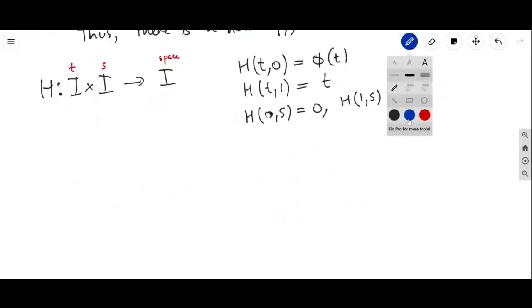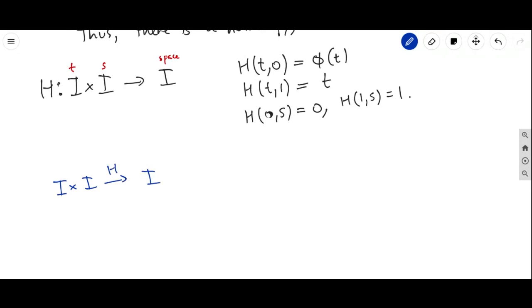Okay, so now look at this. The cleverness keeps on going. So you have I cross I into I, and this is H. And then the next thing that we have is a mapping into X, and we can use this triple product A prime B prime, because do not forget that the triple product is a path.